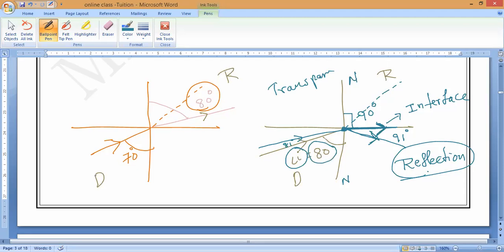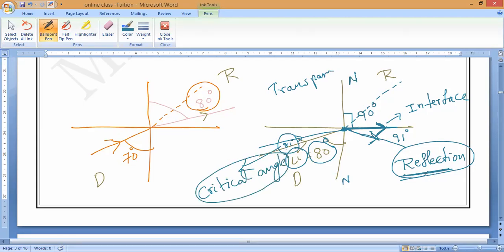Once the angle reaches more than 80, for example, the light is reflected instead of refracted. At that situation, that angle is called the critical angle.